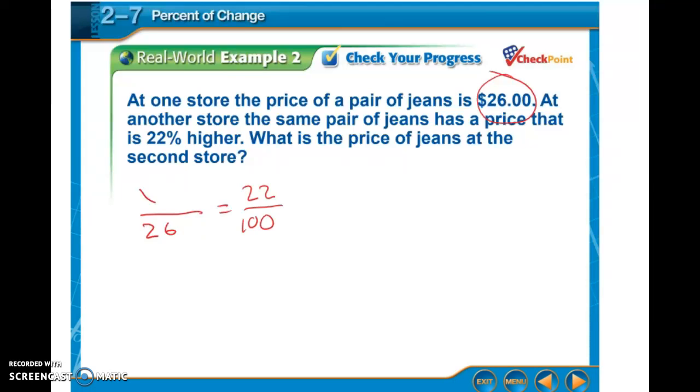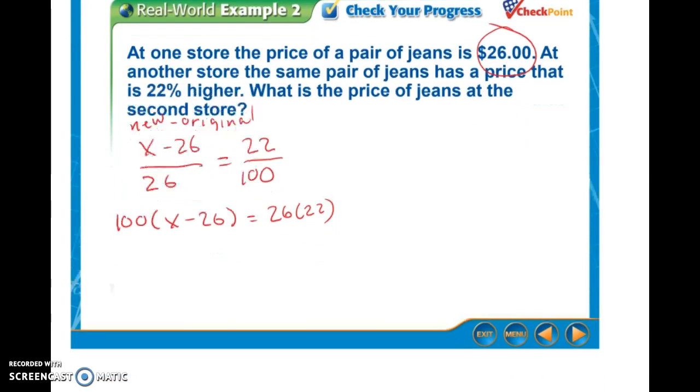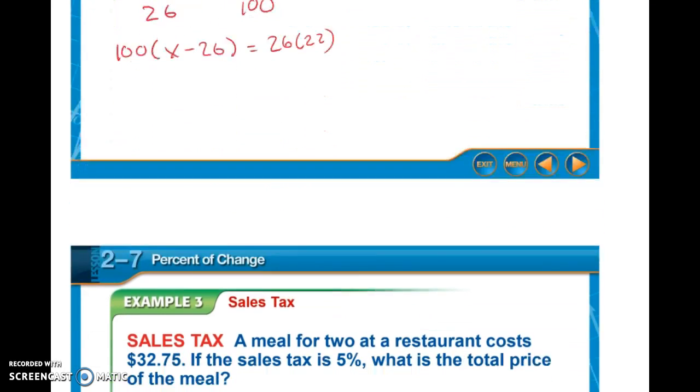And we know that we're going to have x minus 26 to be the difference between the new price and the original. So to cross multiply this, you go like that, and then 26 times 22. And I'm going to leave that one for you to solve, just to say you can do that, because we're going to go to the next one.